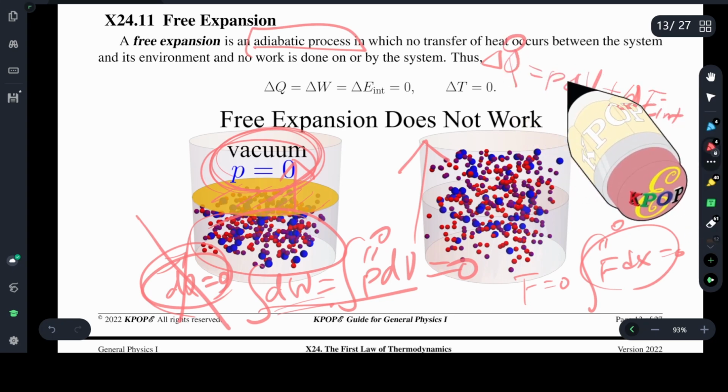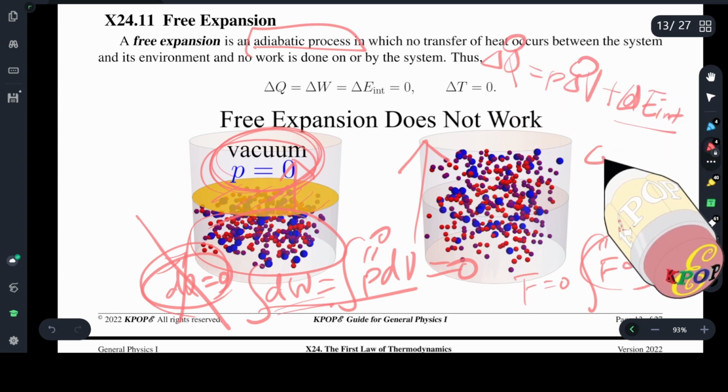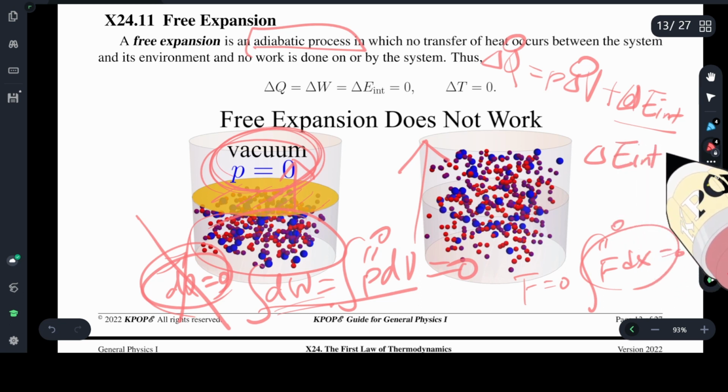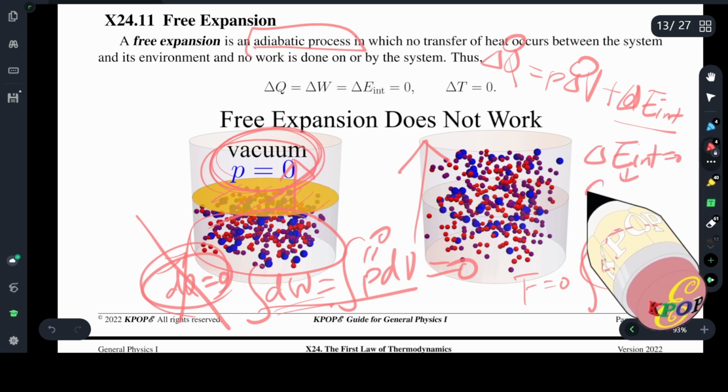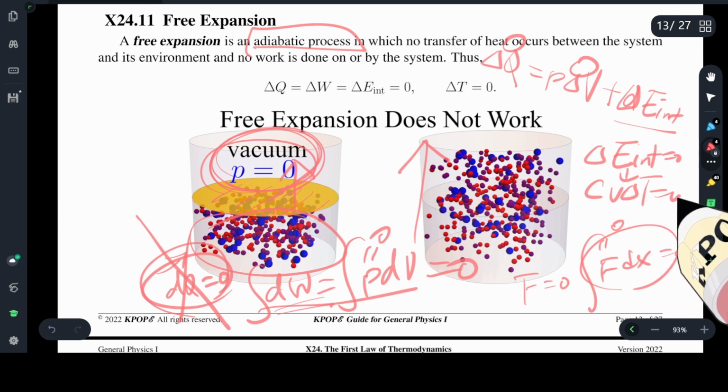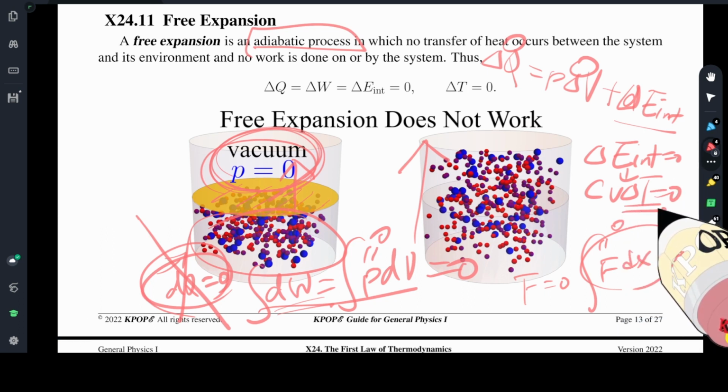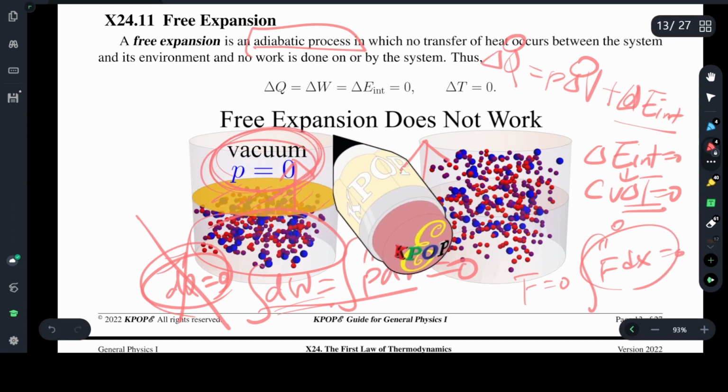And this is 0, this is 0, so delta internal energy equals 0. This means C_V delta T equals 0. That means temperature is invariant. So free expansion does not change the temperature. Even though it expands, it does not do work at all. That's the important point.